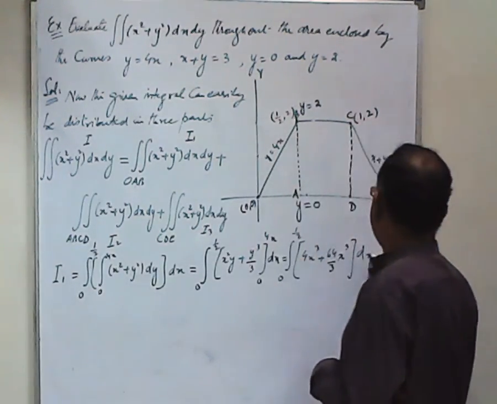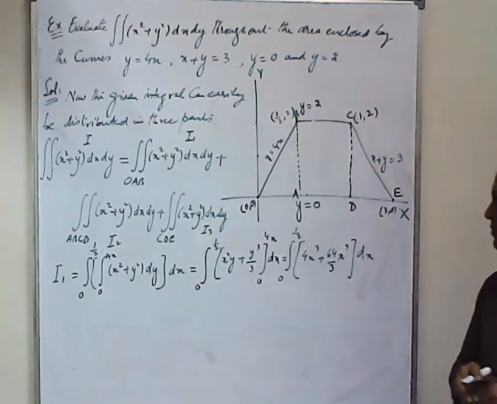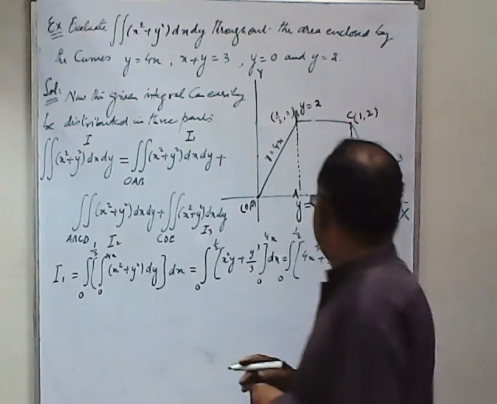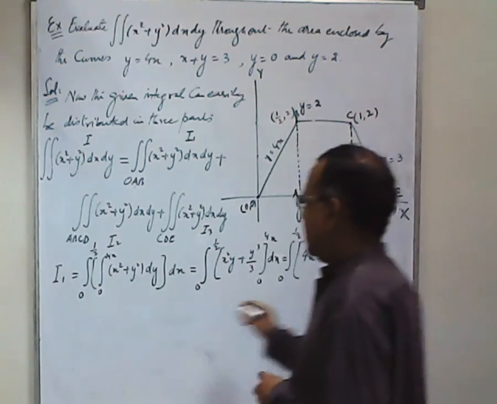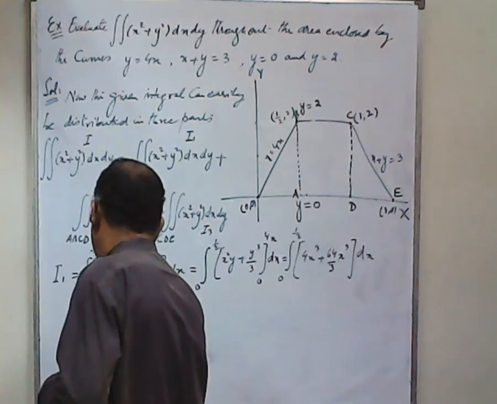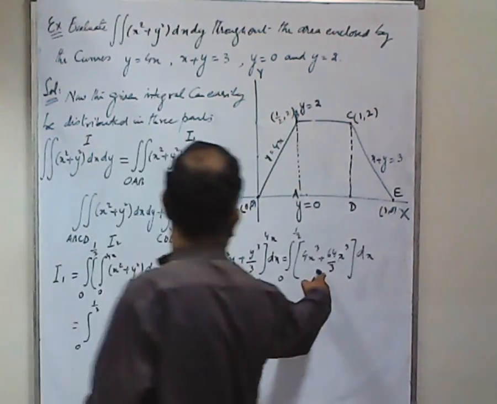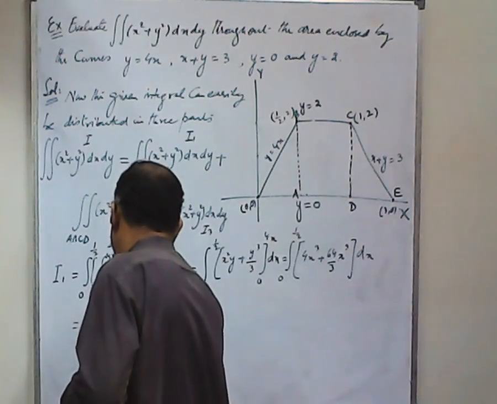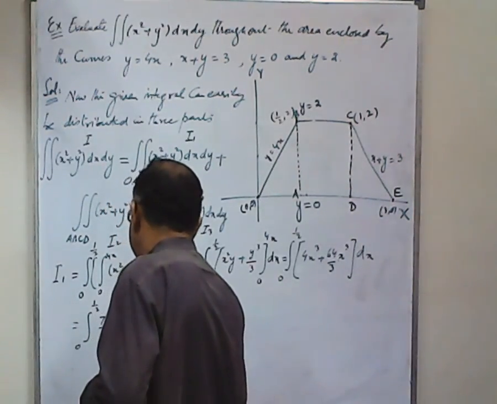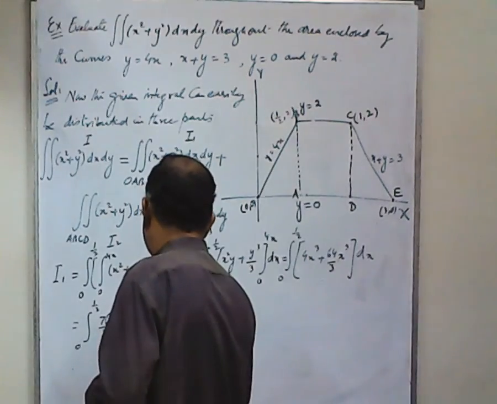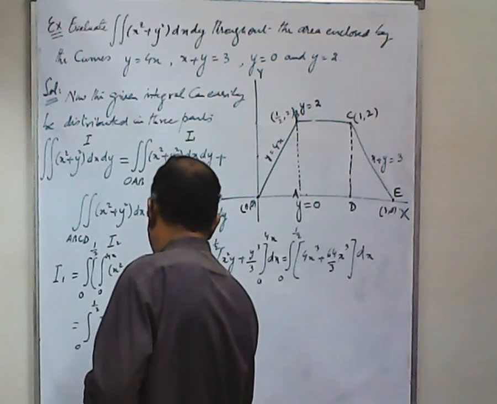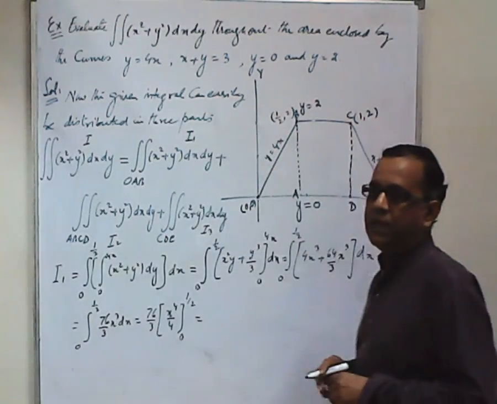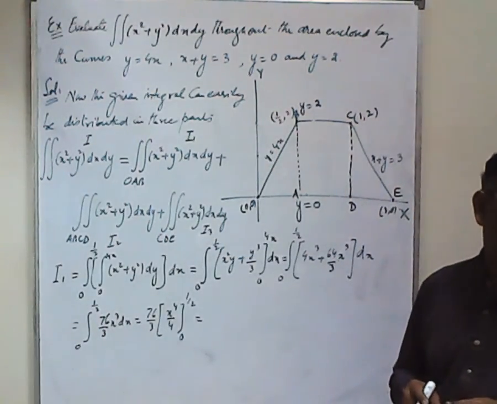So because this is x cube and this is x cube, if I add both, I will get 0 to half, and 3 4s are 12, 12 plus 64 is 76, 76 upon 3 x cube dx. It means 76 upon 3, and we have x to the 4 upon 4, 0 to half.